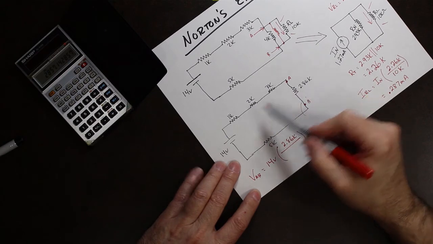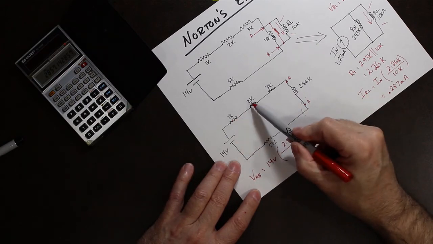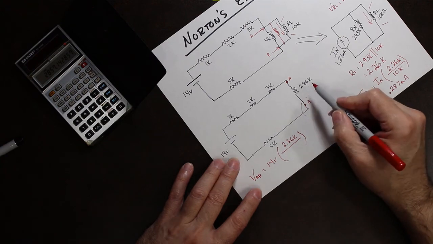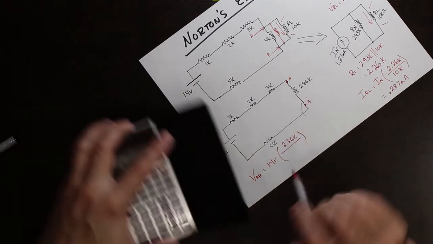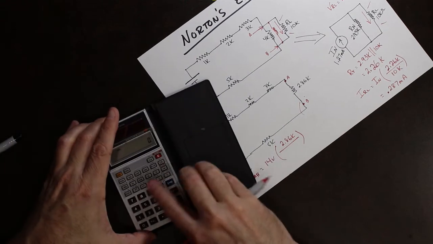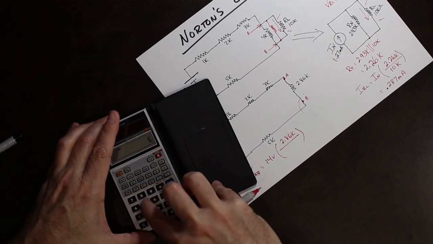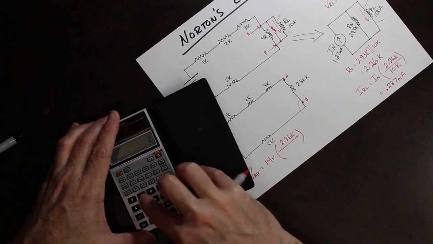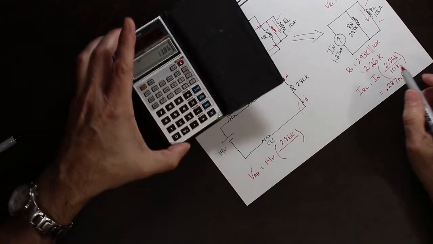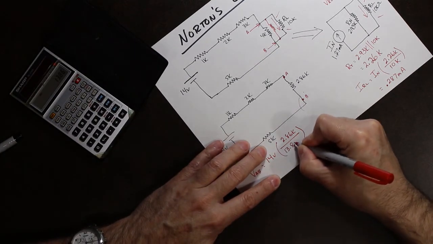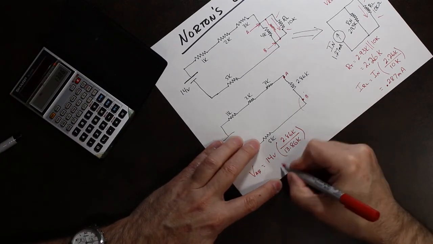So our total is 1 plus 2 plus 3 plus 5 plus 2.86, which is 13.86K.